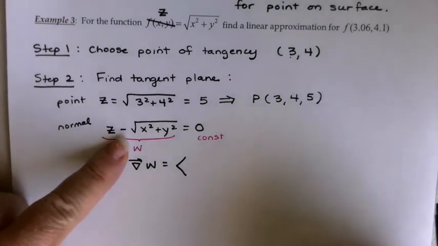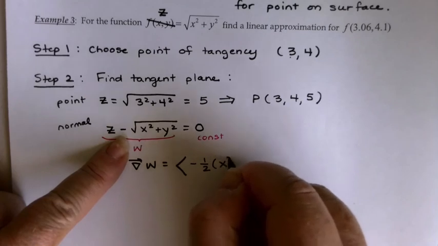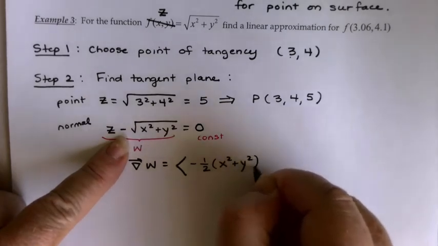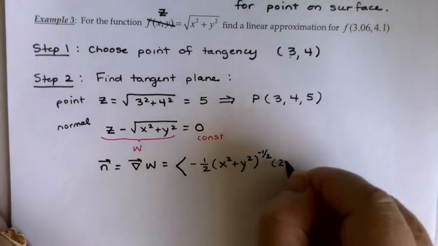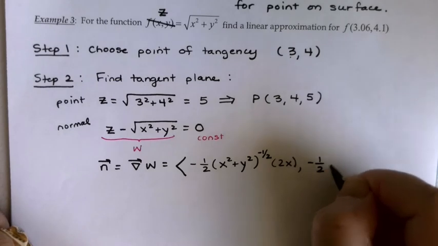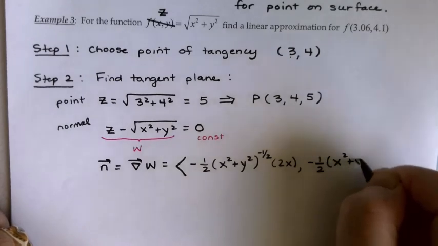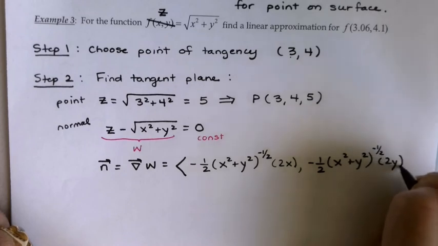Derivative with respect to x, I'll get a negative 1/2 (x squared plus y squared) to the negative 1/2 times 2x. Very similar for y. Chain rule is just a 2y here.